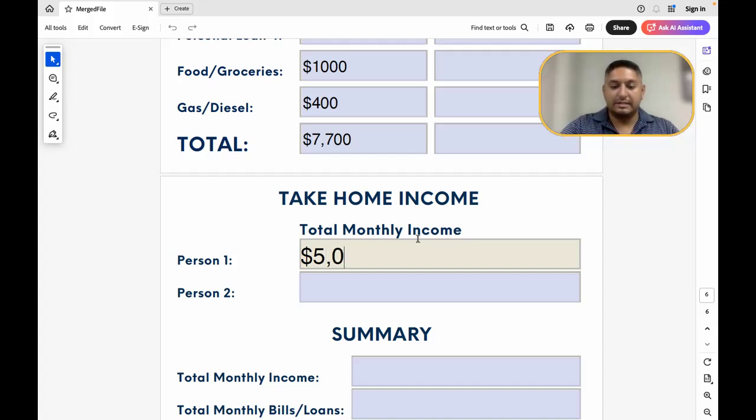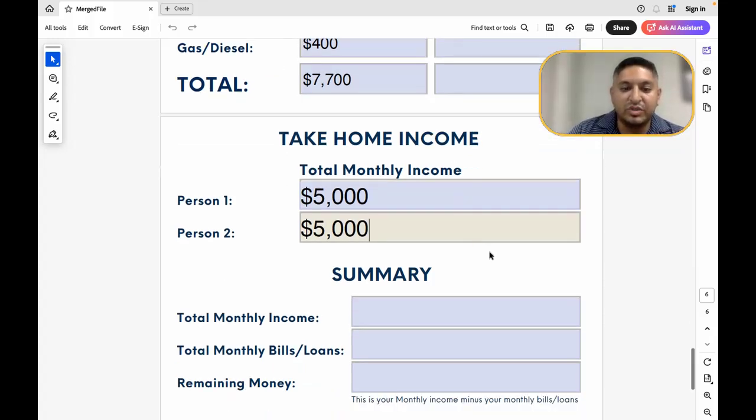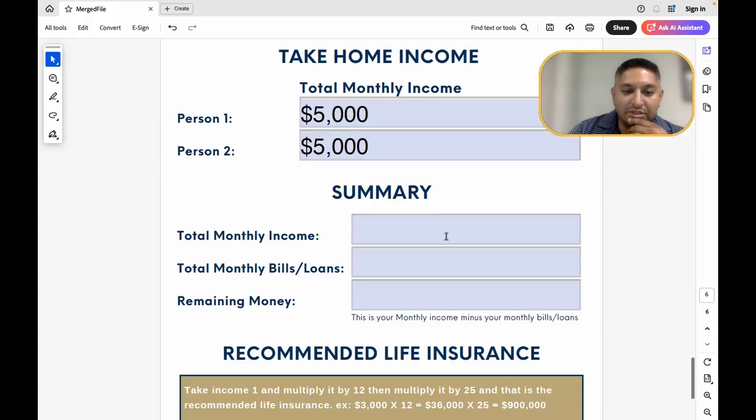Okay, so that does mean take home. And the second person, let's just keep this even at 5,000 as well. So as you can see, their total monthly take home is 10,000.